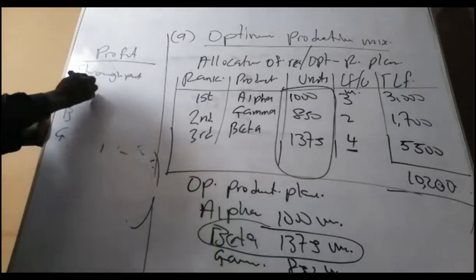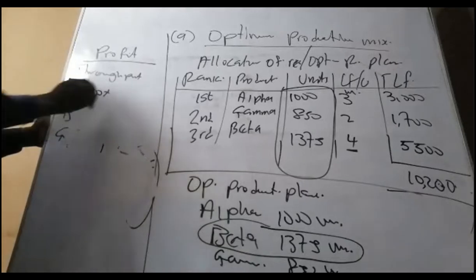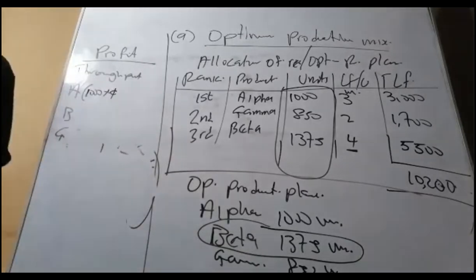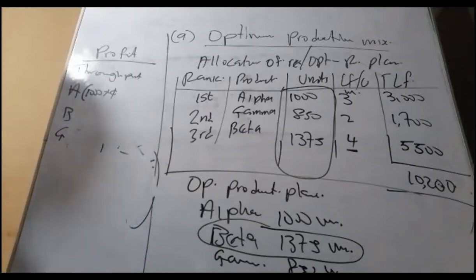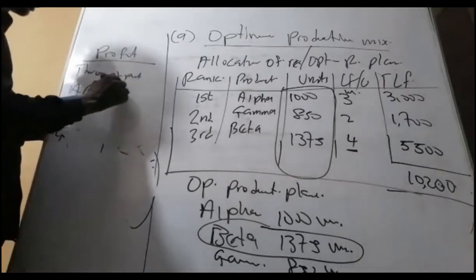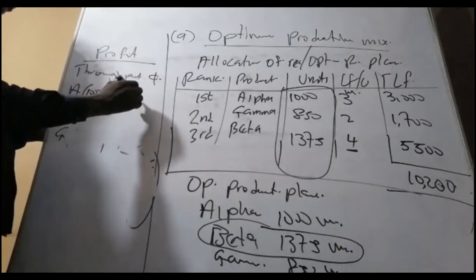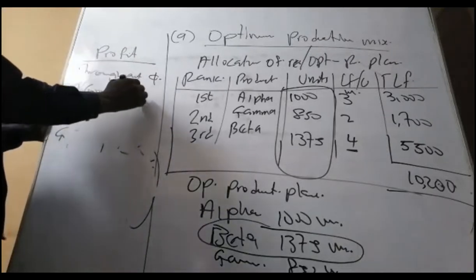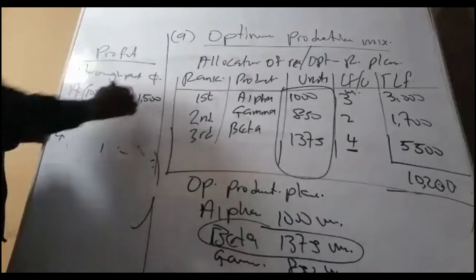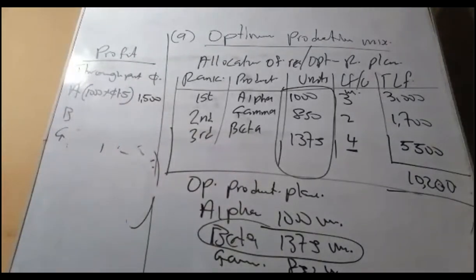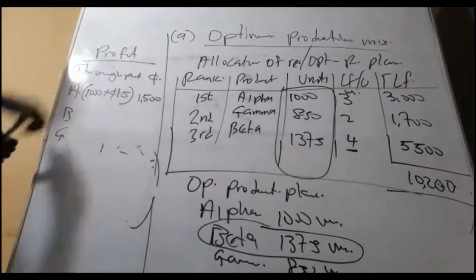Alpha, the demand is 1,000 by the throughput per unit. What's the throughput per unit? We had 1.5, right? The throughput per unit, which is 1.5 Ghana cedis. So this will give us 1,500. This will give us 1,500 to be the throughput for alpha.